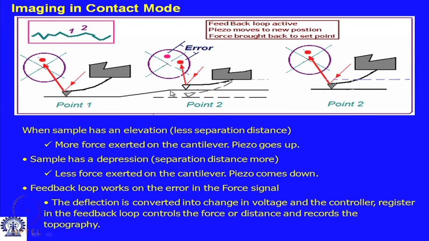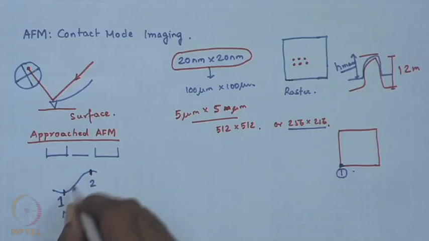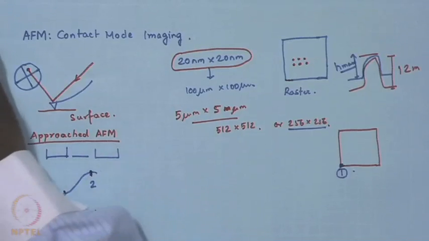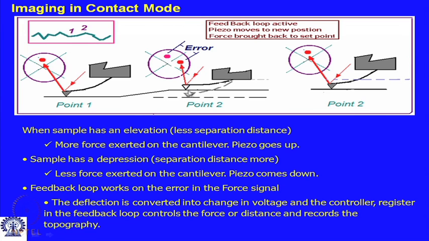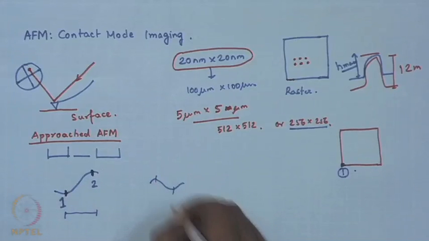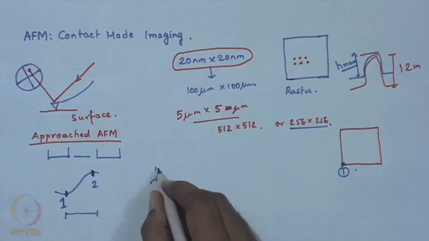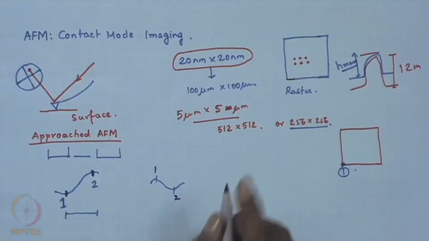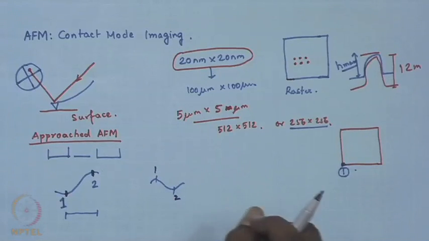Let us say point 2 is at a higher elevation as compared to point 1. Since point 2 is at a higher elevation, the deflection changes, or the force increases. Depending on whether point 2 is at a higher or lower elevation as compared to point 1, the magnitude of the force will also increase or decrease.